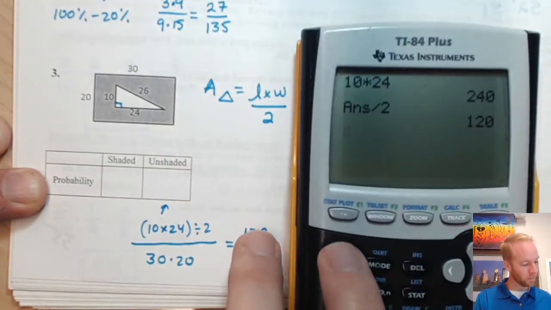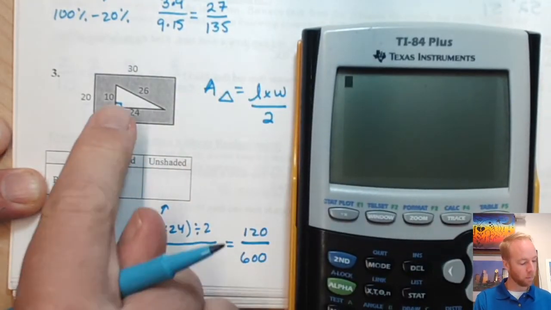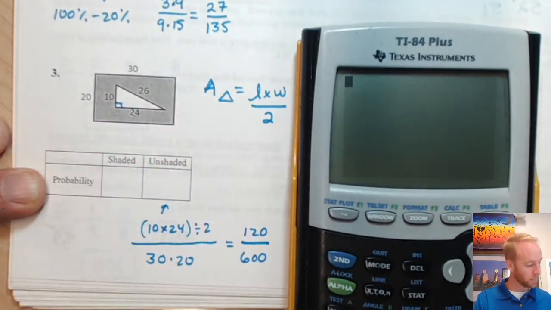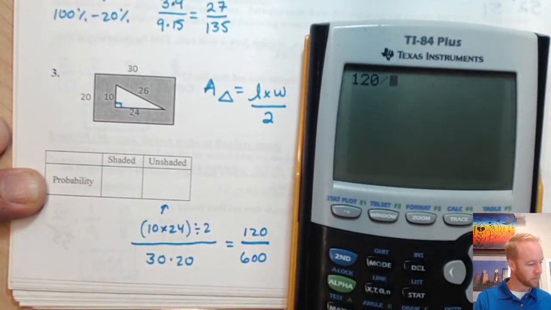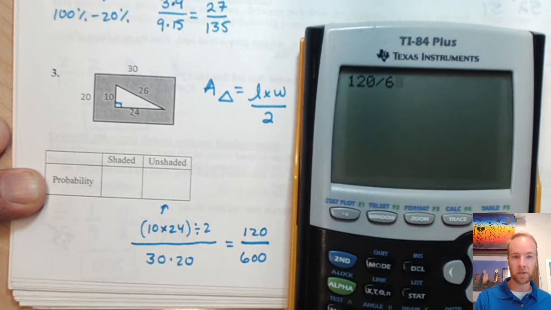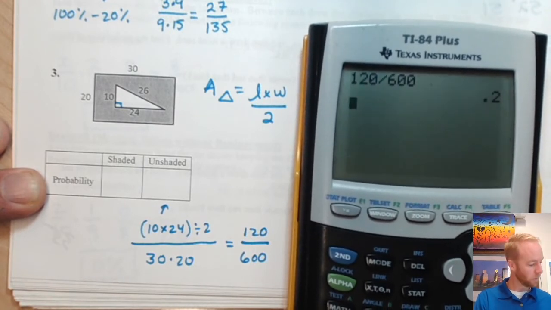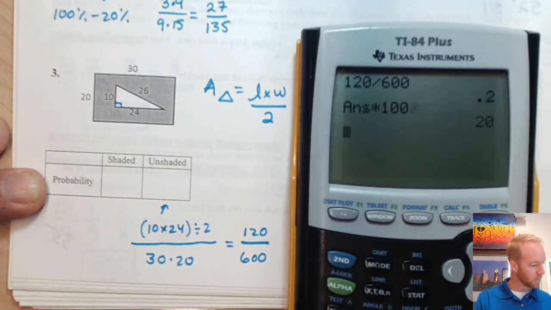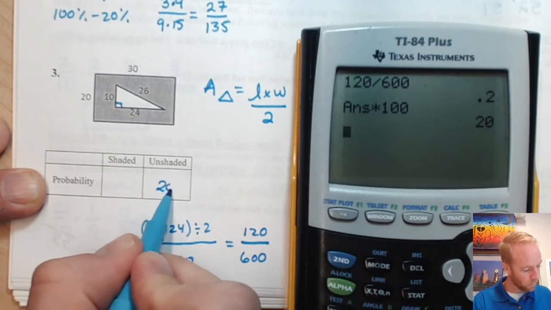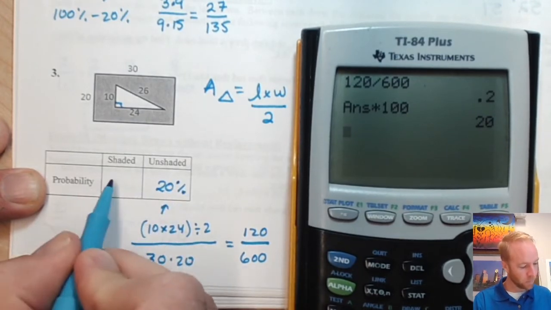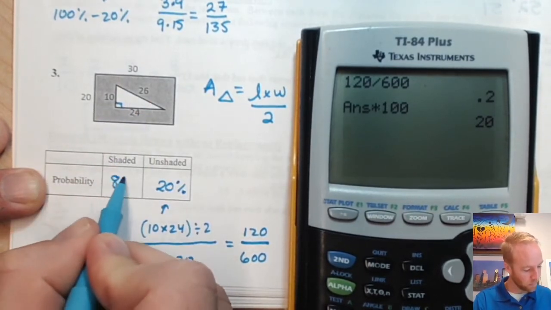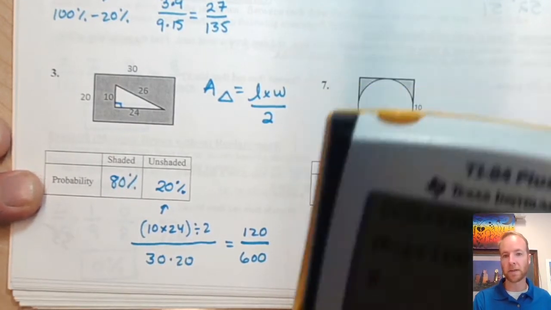So let's convert this fraction into a percent, so we know what percent of this shape is the triangle. 120 divided by 600 is 0.2 again, times 100, 20%. So similarly, the shaded area of this one, like the previous problem, is 80%.